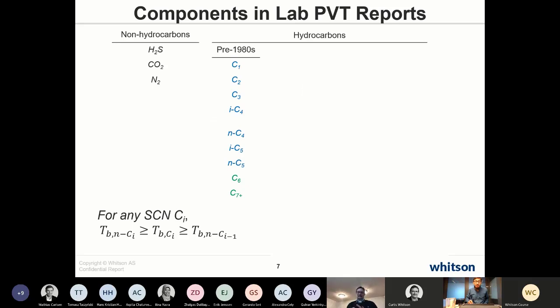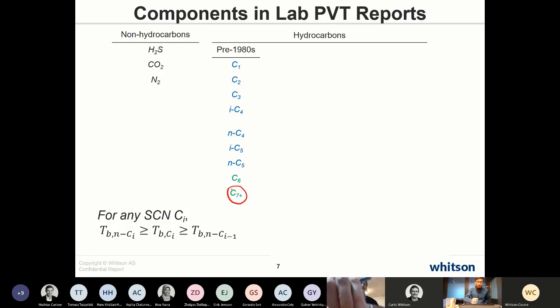Just a brief note on the history. In the pre-1980s, when PVT labs were doing the compositional analysis, we used to only get one heavier fraction, the C7+, as one pseudo fraction, and we had all these lighter fractions C1 to C6, and then the non-hydrocarbons H2S, CO2, and nitrogen in the compositional data.